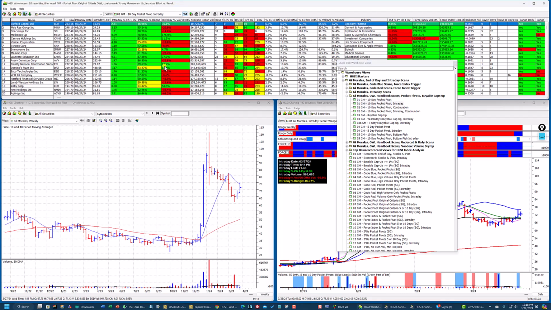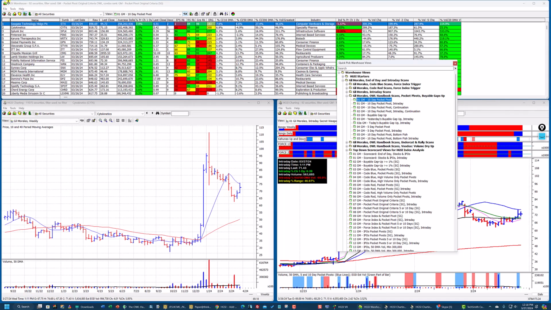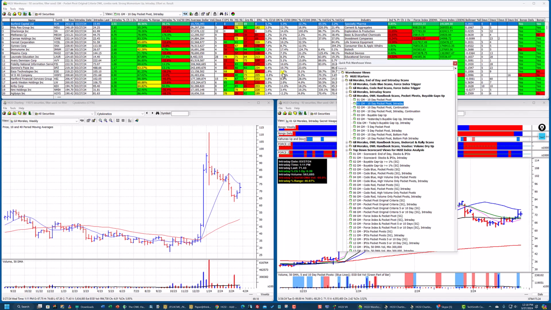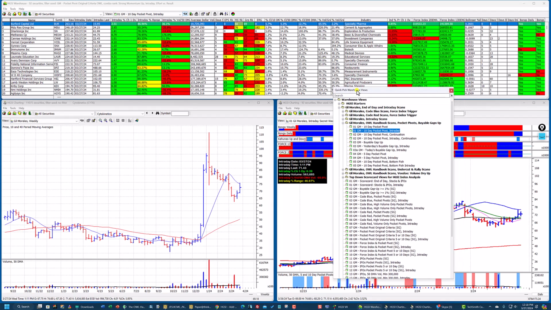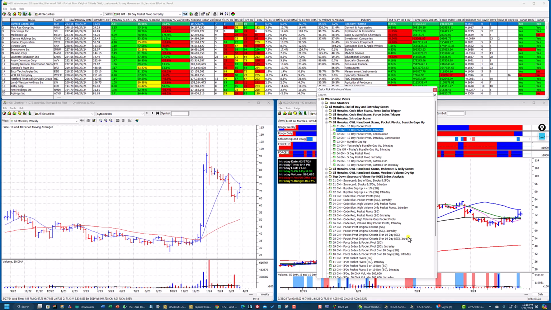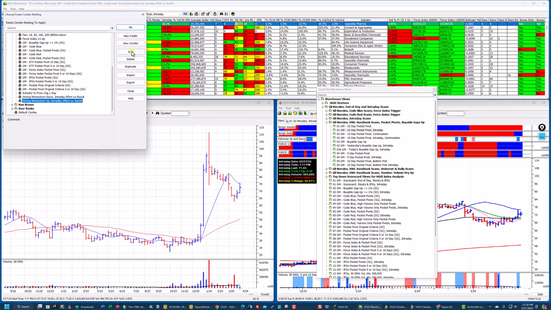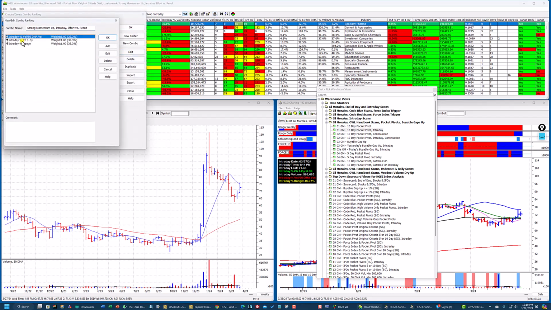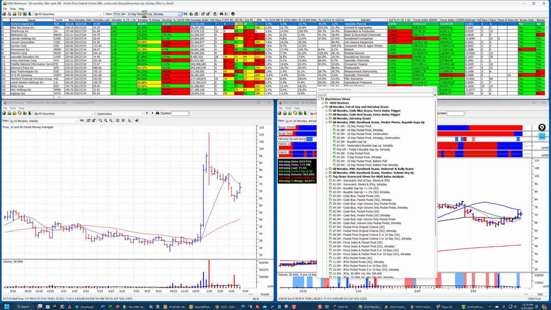If you look up here, there's 92 stocks. End of day, there's 92 stocks. So it's the same filter, but this is what's happening with these stocks the following day with the pocket pivots. So Buford Capital is at the top of the list based upon this combo ranking, which measures the intraday volume, the intraday price change, and the intraday range all weighted equally, and that brings these stocks to the top of the list.